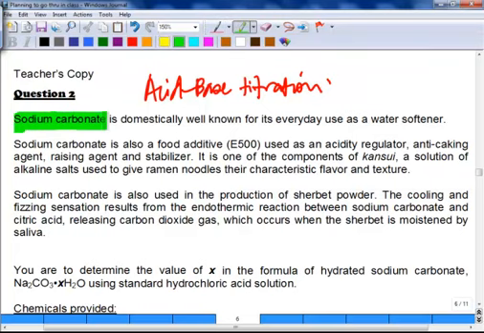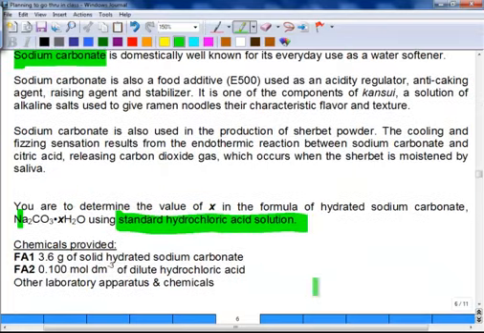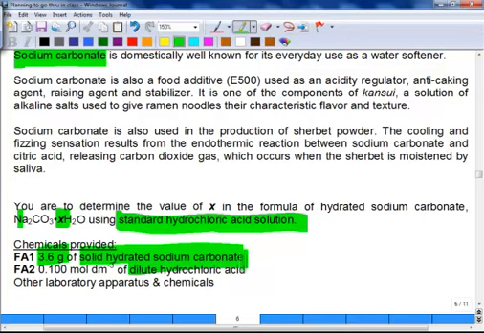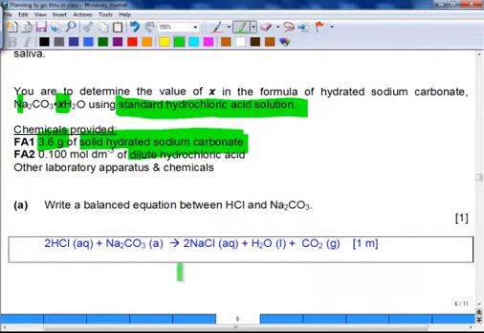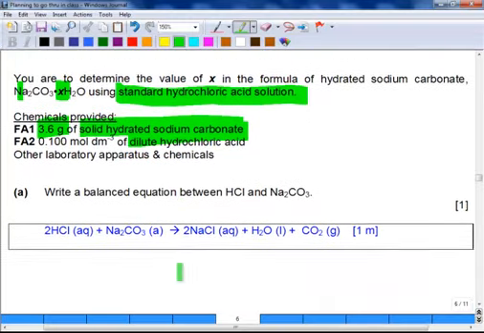We are supposed to titrate with standard hydrochloric acid in order to determine the value of X. Based on this part, take note, your Fa1 is 3.6 gram of solid hydrated sodium carbonate. Fa2 is dilute hydrochloric acid and other laboratory chemicals and apparatus. Balance equation, I think everybody knows, so I'll move on.